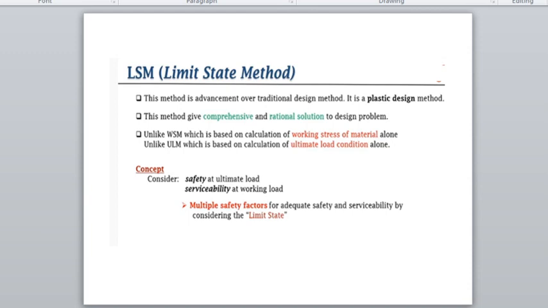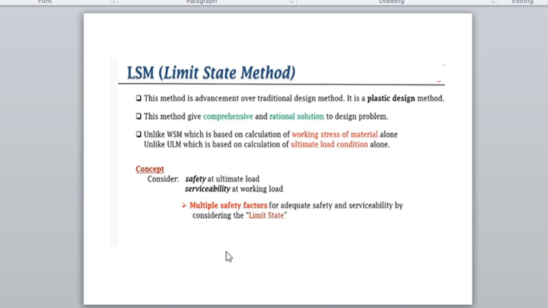But the limit state method of design considers safety and serviceability. That is very much important. We are designing for safety and also designing for serviceability.